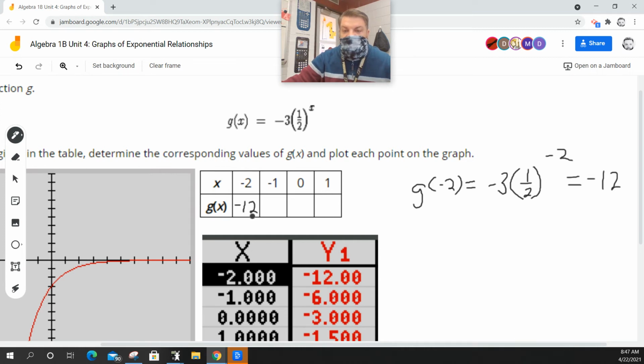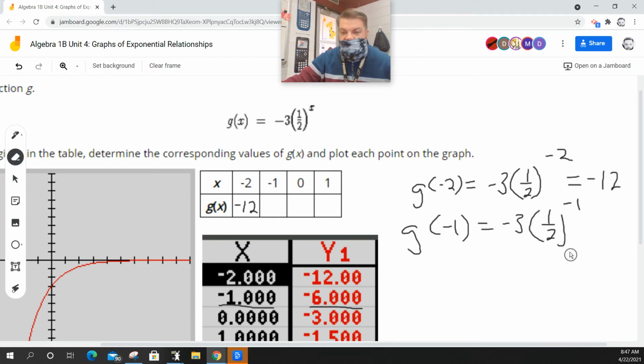Okay. Now for the next one, if I say g of -1, I get -3 times the quantity 1/2 raised to the -1. That's not the best parentheses.